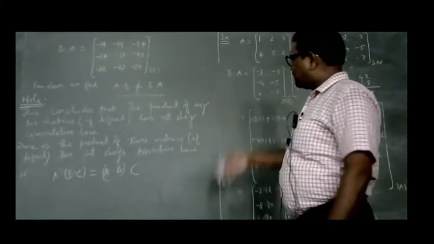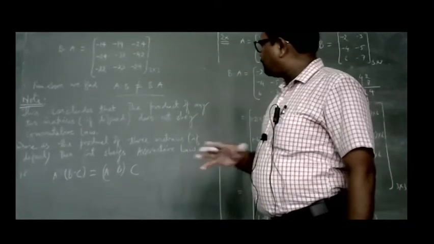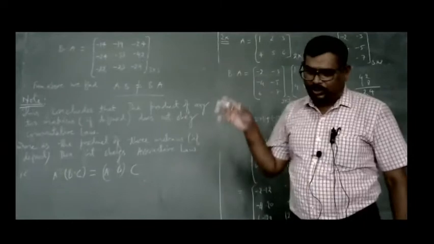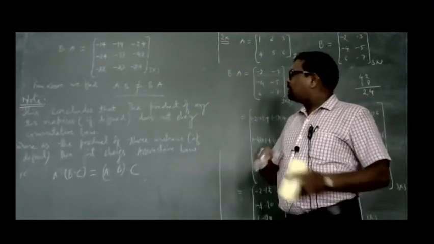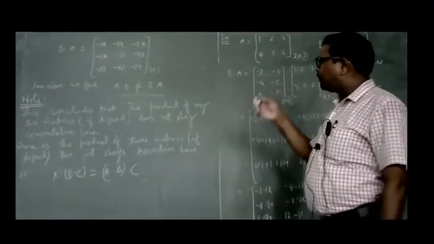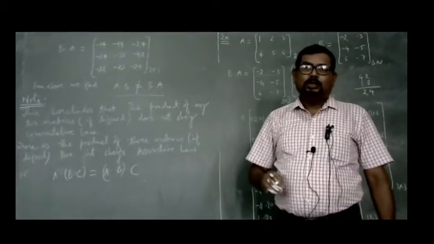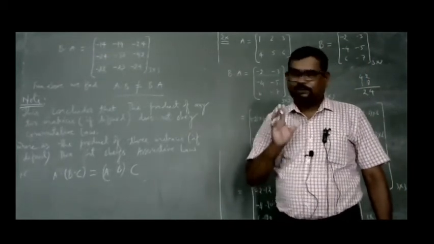So this is the product of two matrices and how to multiply any two matrices in this way. And you can find more examples to have your practice so that you can be comfortable in doing the product of two matrices.